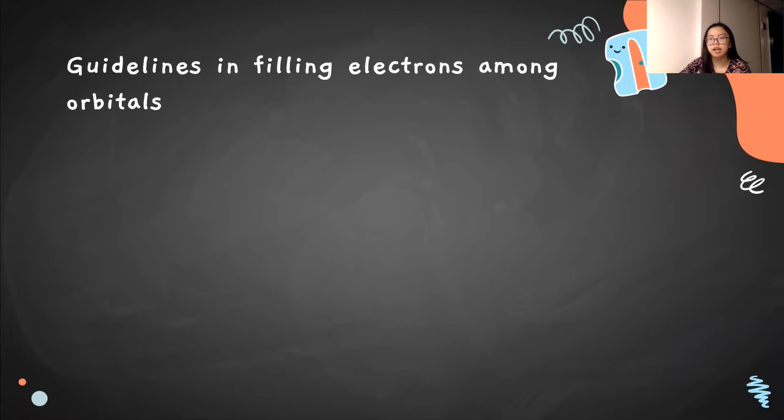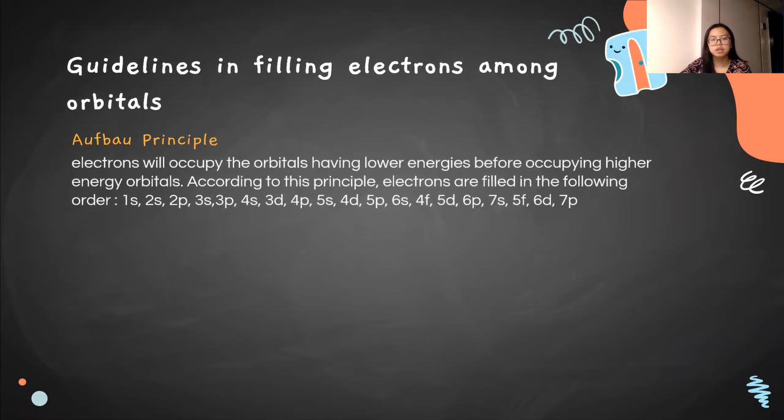Guidelines in filling electrons among orbitals. First one is Aufbau principle. Electrons will occupy the orbitals having lower energies before occupying higher energy orbitals.